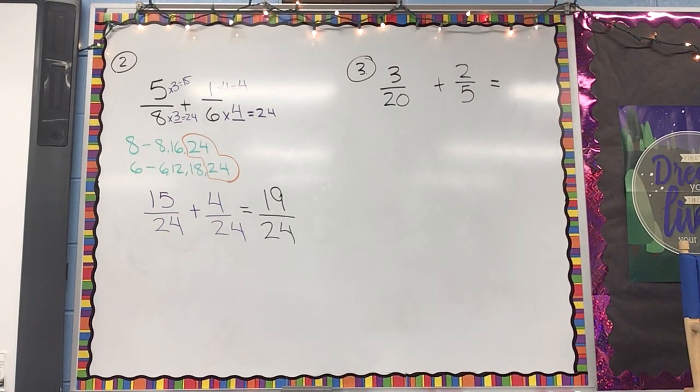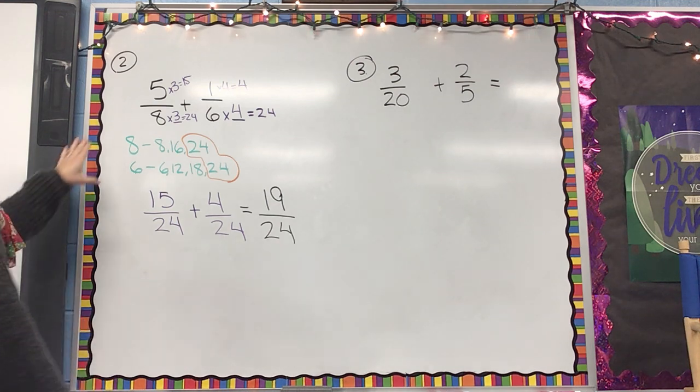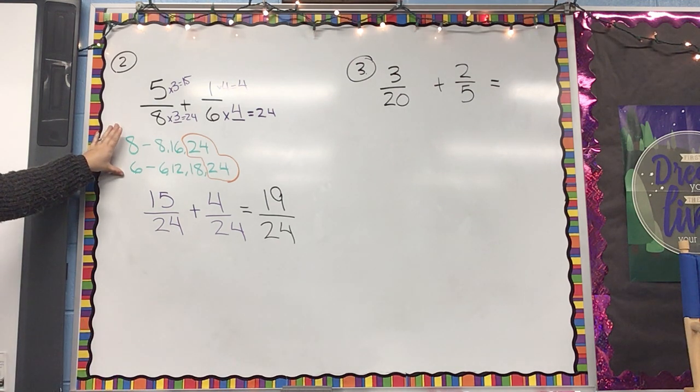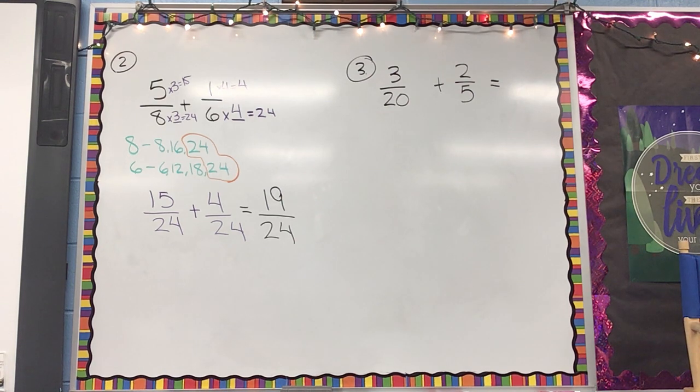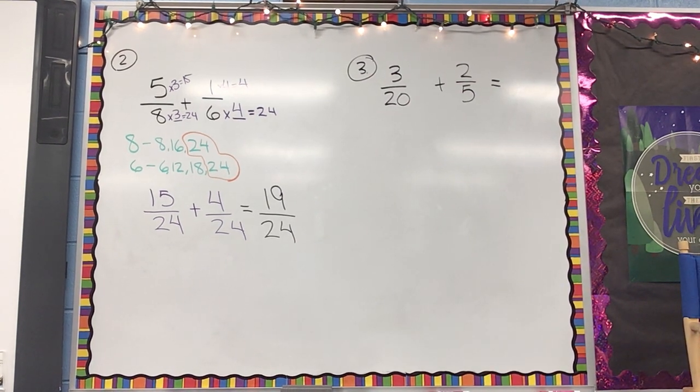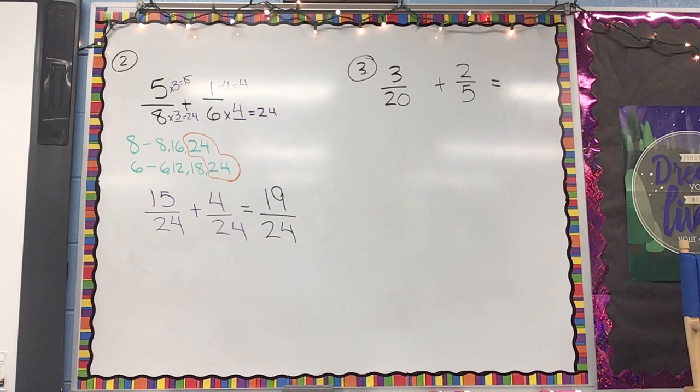I want you to try number 3 on your own. If you need to, look at our steps in number 2 to help you out. Step 1, check if those are like denominators. If not, you need to make a list of multiples.